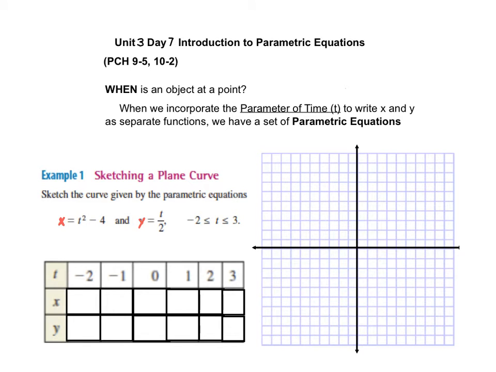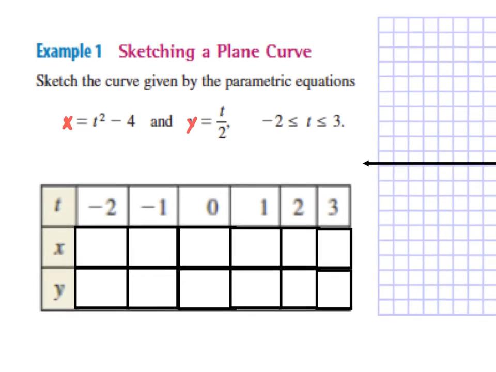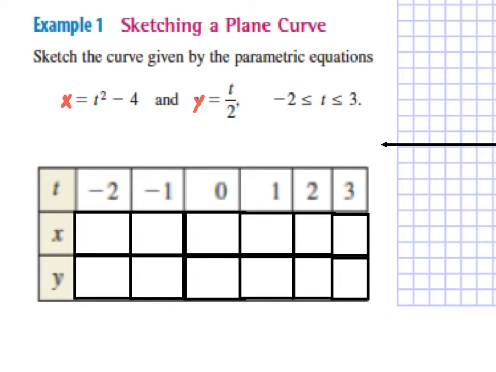So if I want to look at this one, I would plug -2 into the x equation. So it would be -2 squared minus 4. 4 minus 4 is 0. But the y equation is t divided by 2. So if I want to figure out my y coordinate, I do -2 divided by 2, and I get -1.